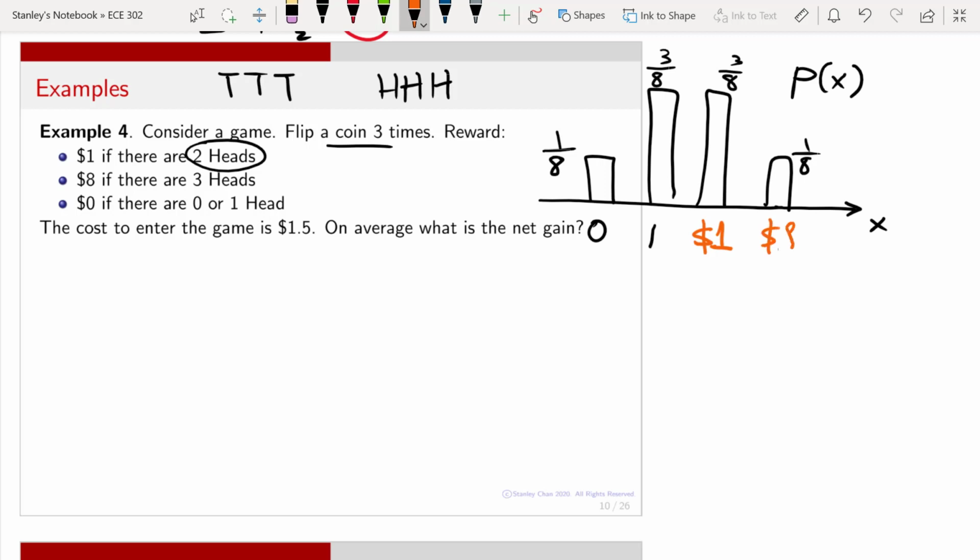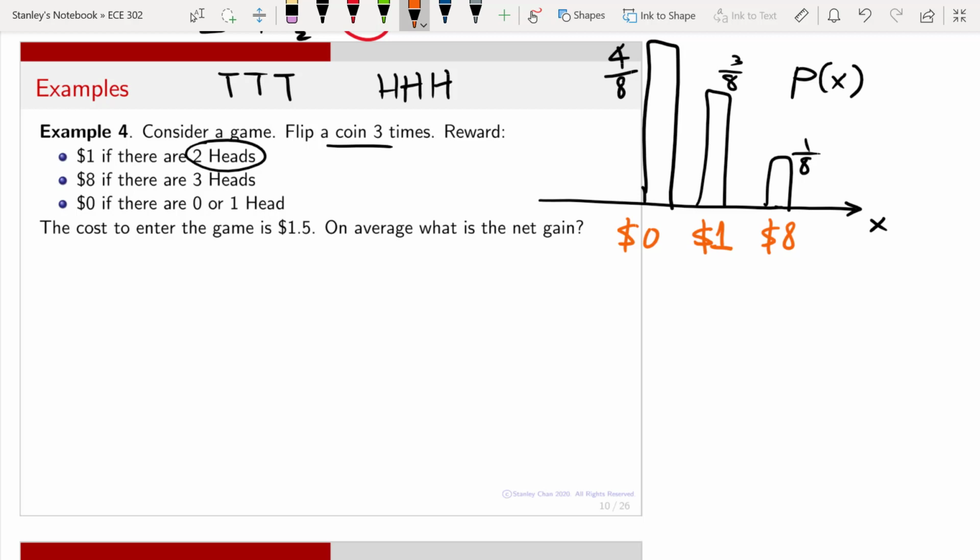Now, if I get 0 heads or 1 head, I will get $0. And so what I can do is add these 2 things up to turn it into something like this. Okay, so here I will have 4/8, and then $0. Okay, so this is the probability mass function for this problem.